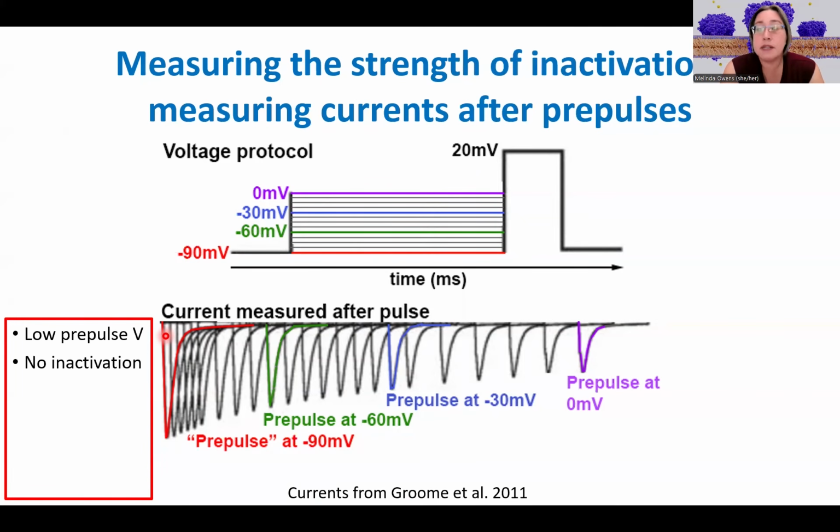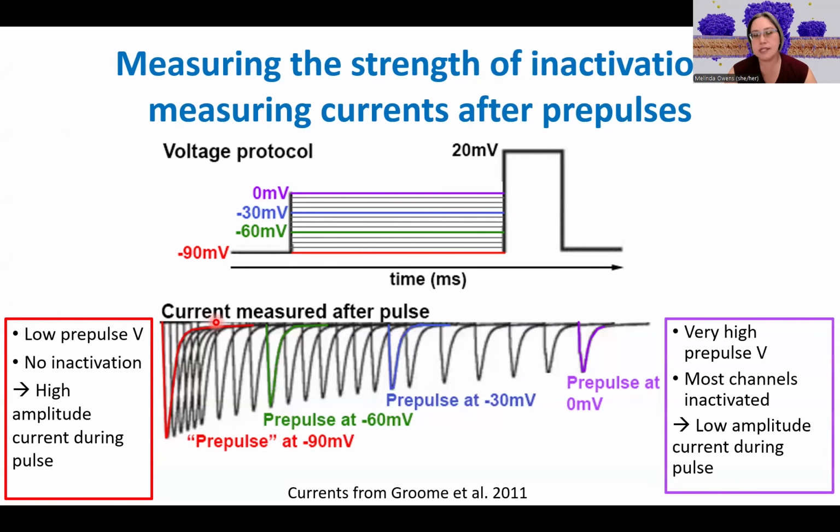They should not open. If they open, they have to open before they inactivate. And so there should be very little inactivation at -90. And so when you pulse to +20, they all open up really big. And so you should get a high amplitude current, a lot of current, during the pulse.